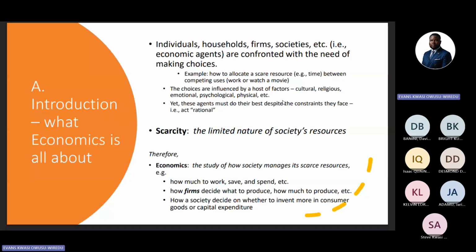Do we do that, or we go and build the road at East Legon? You see, because of scarce resources, the government have the options to choose, because they may not be able to do all. And that is a problem, a constant problem, for which reason we need to make choices.